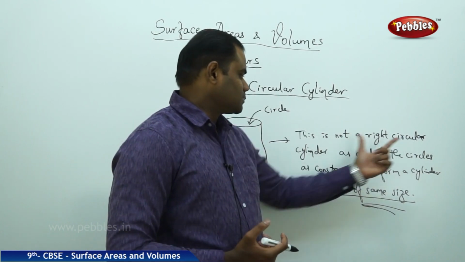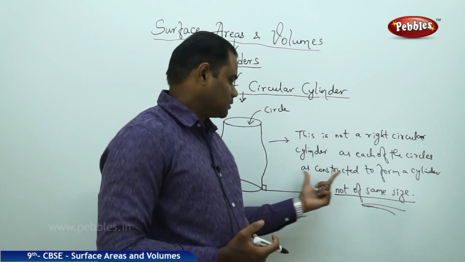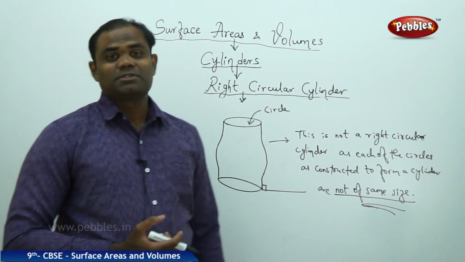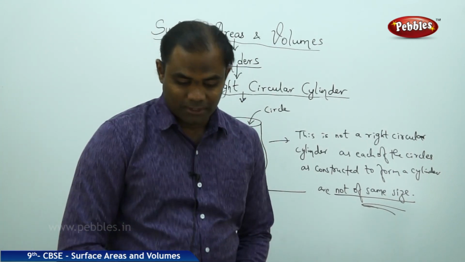This is not a right circular cylinder, as each of the circles as constructed to form a cylinder are not of the same size. This is the main reason why this cylinder does not become a right circular cylinder. They must be of the same size.